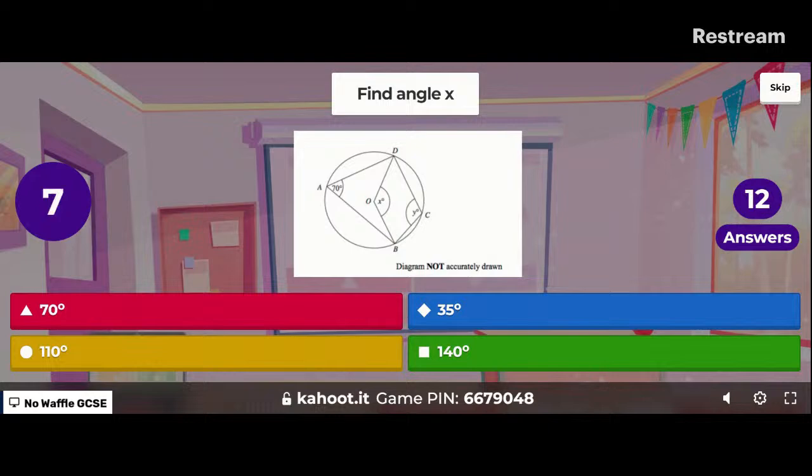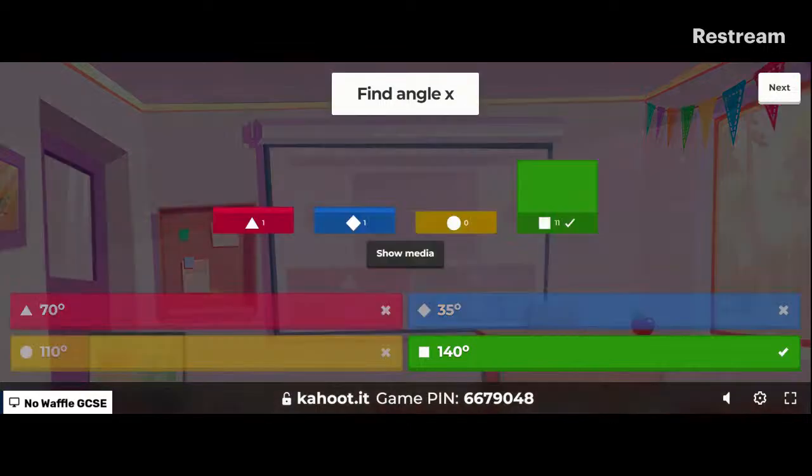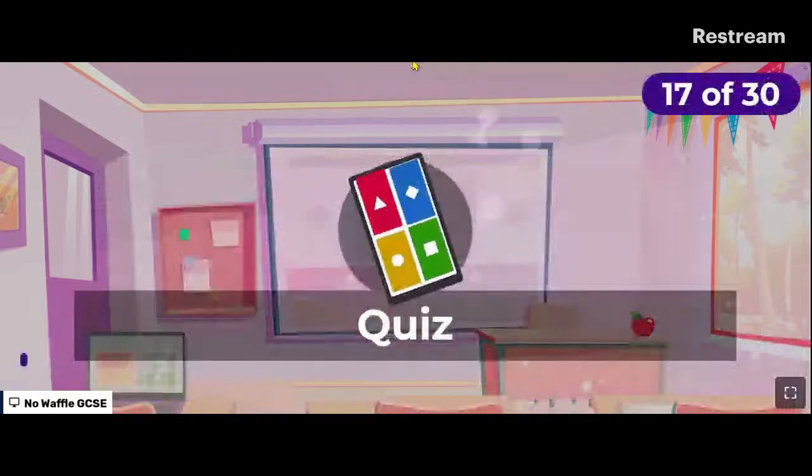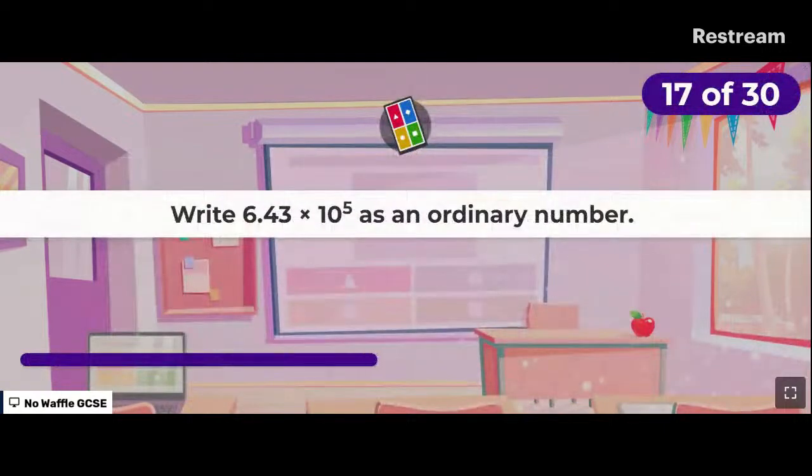Matt is stuck 2,000 points behind the next person. It's okay, as long as you're able to answer the question. Yeah, I wish I could see the leaderboards for everybody, not just the top 5, because then I could interact with more of you. Porn has an answer streak of 13.